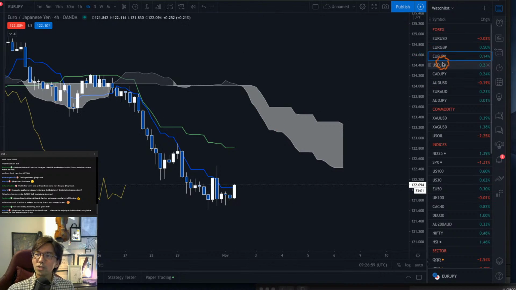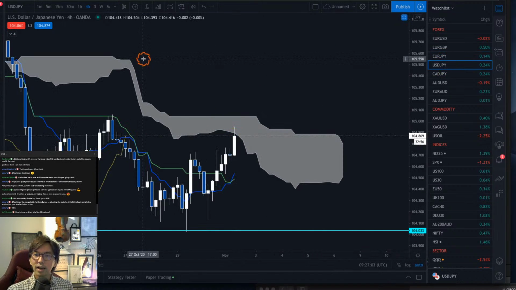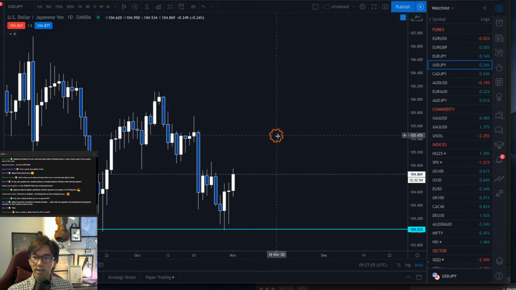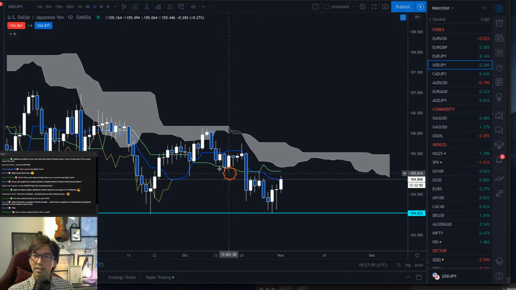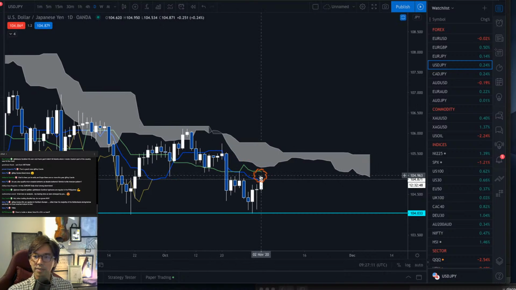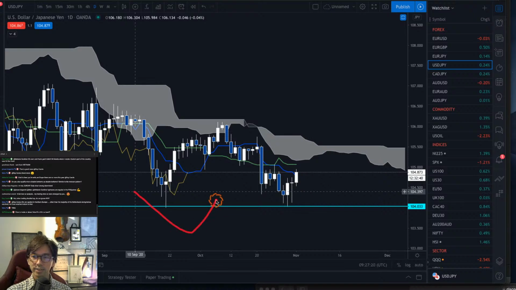So let's move on to the next one, USD JPY, looking at the daily chart. On this daily chart, I can see that this was downtrending, but we can call this a double bottom here. There were twice supports in this area.